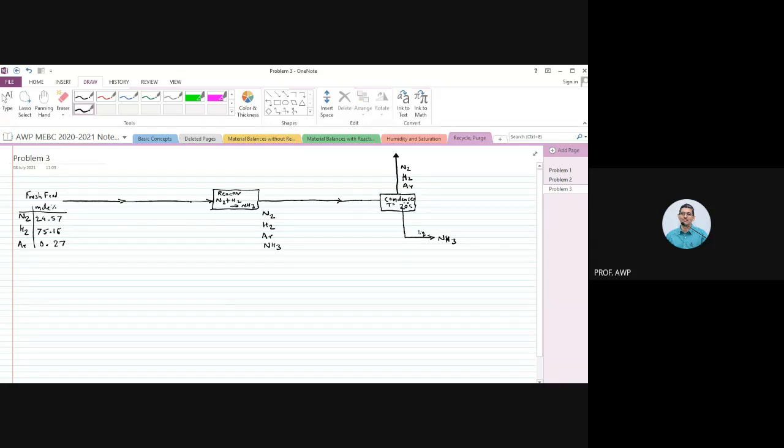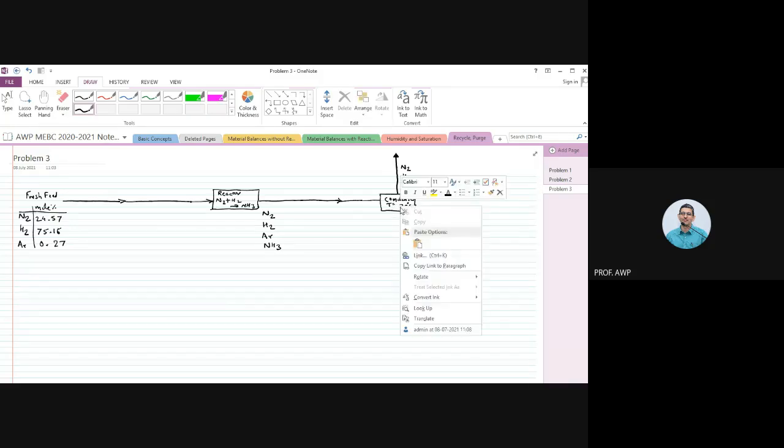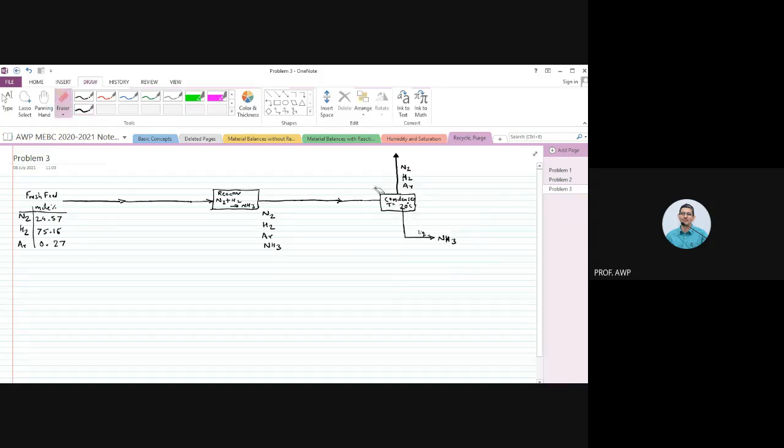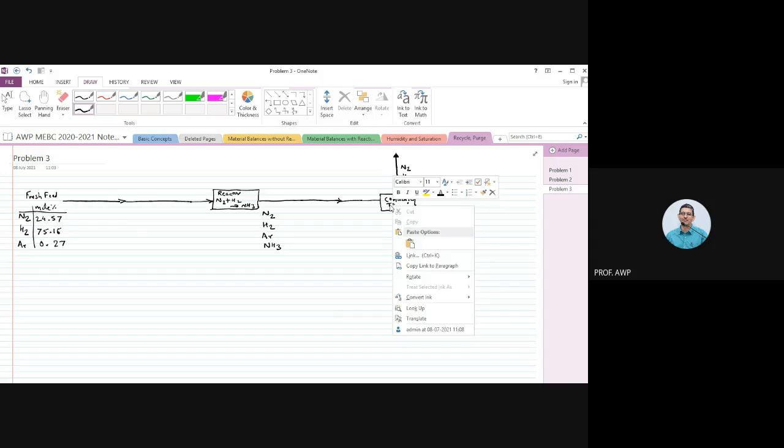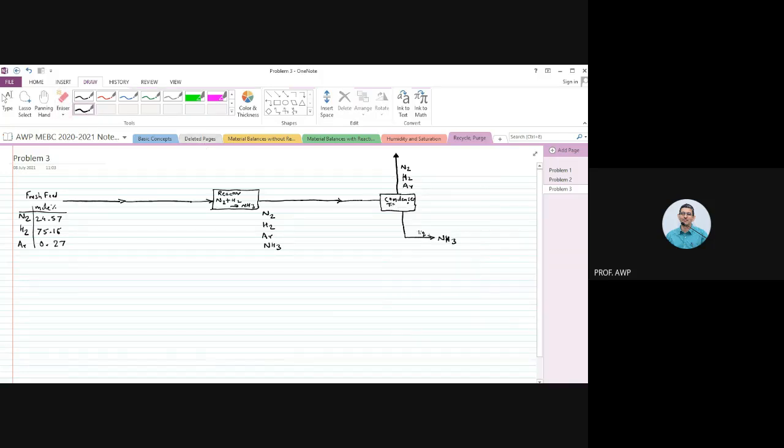And the lower I keep on cooling, the lesser and lesser amounts of ammonia will be present in this gas going out of the condenser, right? But it is never going to be zero, because vapor pressure is not going to be zero anytime unless I go to 0 Kelvin, which is not possible. So there is going to be some finite amount. Right now we are neglecting that finite amount. Is that okay, Arya? Yes, sir. Okay.